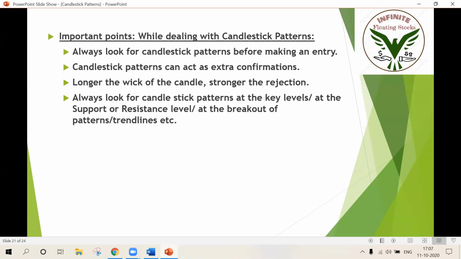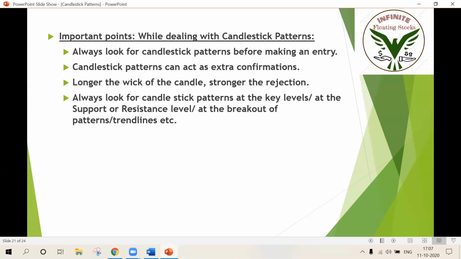Among them, always look for candlestick patterns before making an entry. I already told you at the beginning of the video that candlestick patterns act as confirmations before making an entry. When I say confirmations, you need to look for a pin bar, morning star, evening star, or dojis.